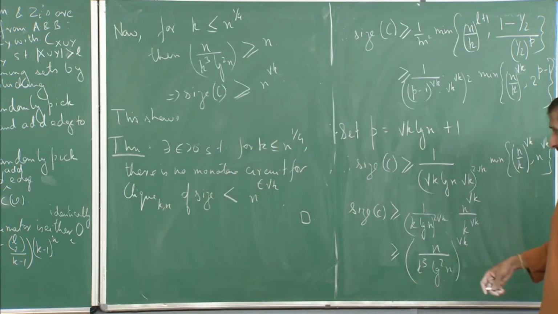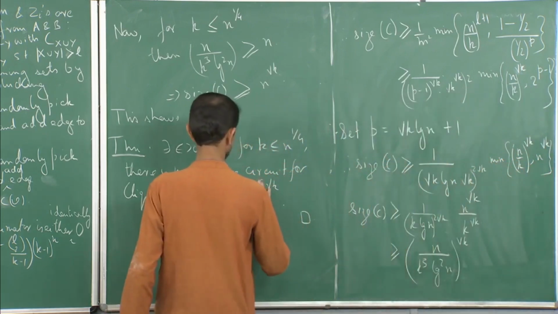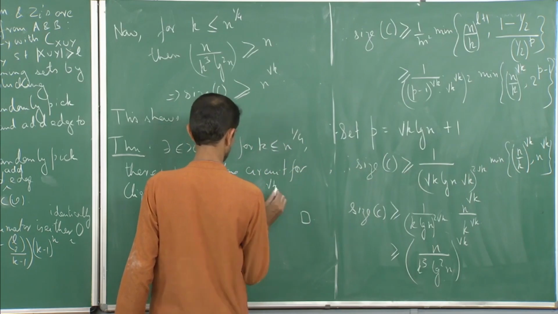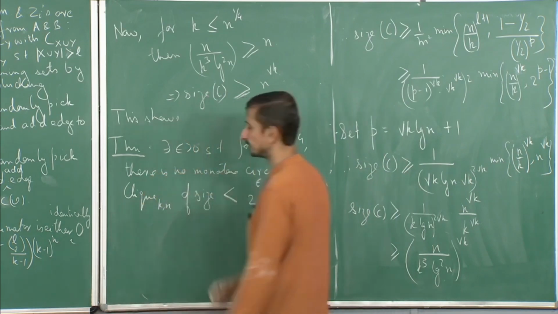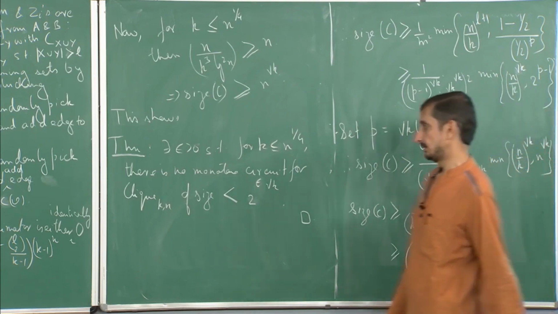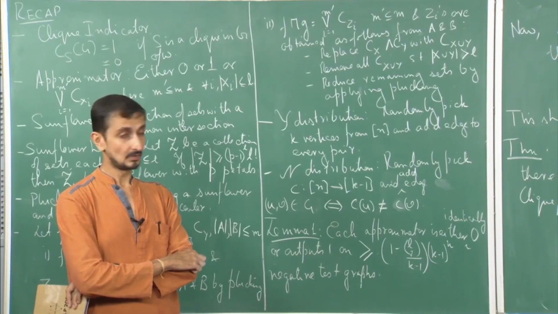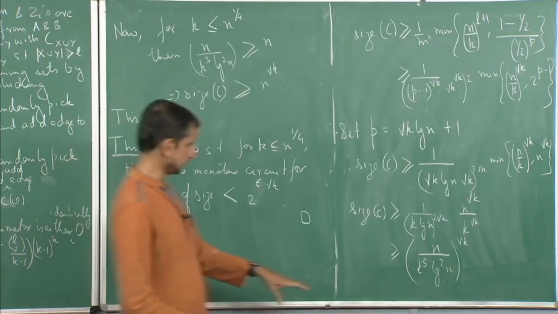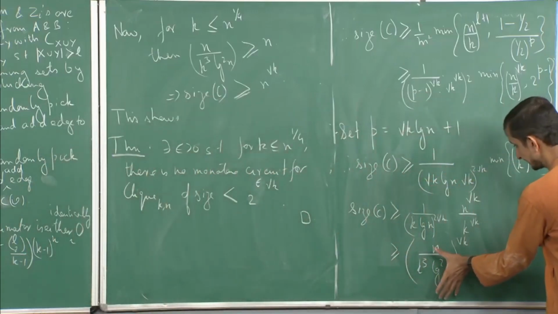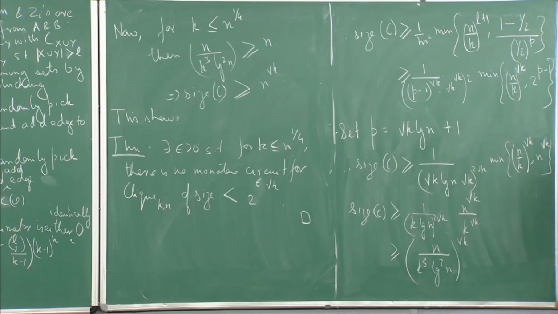Actually, we have 2 to the power epsilon root k, which is why that epsilon is occurring. So 2 to the power... n I can write as 2 to the power log n. Because I want it to satisfy that this term is bigger than n. It will actually work for even slightly smaller k.